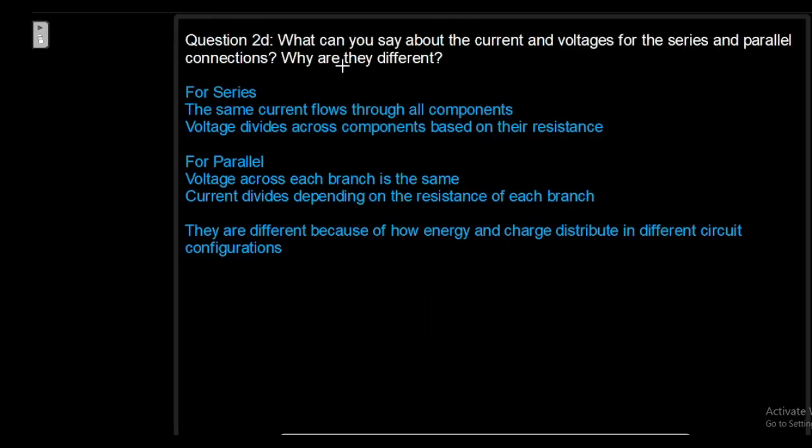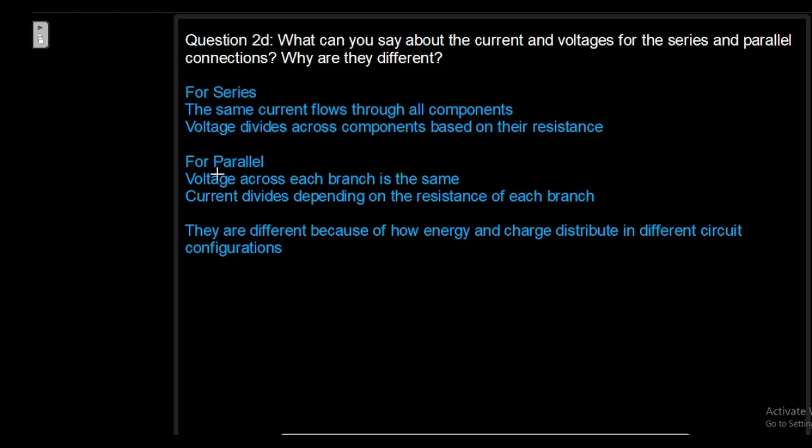Now question 2D, they say, what can you say about the current and voltages for the series and parallel connections? Why are they different? For series, the same current flows through all components, whereas the voltage varies, because it divides across components based on their resistance.